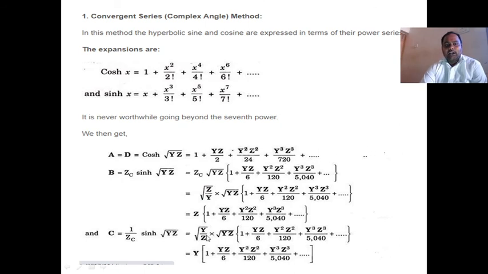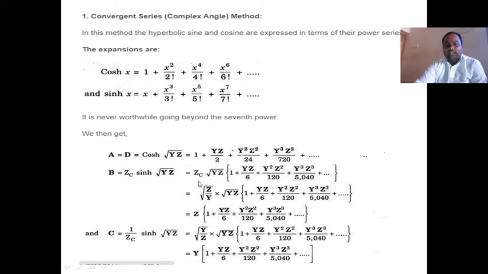In a similar manner, B is equal to Zc sinh root yz. What about sinh x? In the place of x we have root yz. What do we get in the power series? 1 plus yz by 6 plus y squared z squared by 120 plus y cubed z cubed by 5040 plus and so on, multiplied by root yz.